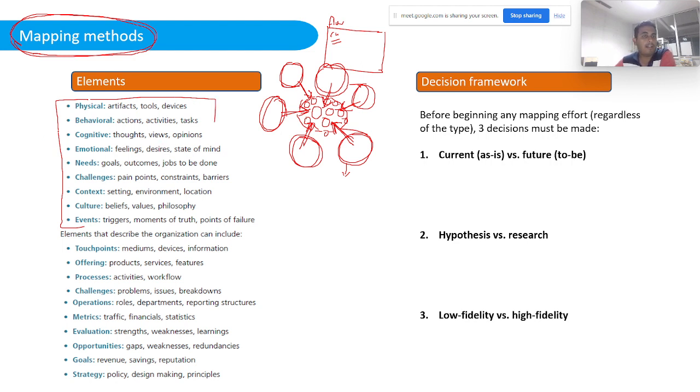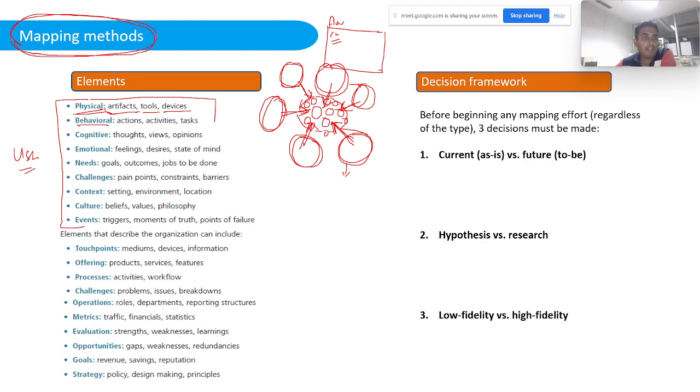So what we look for to map from the user are these. We look for physical elements like the artifacts, the tools, the devices that are used in the particular activity by the user. You can consider these elements in the artifact model in the contextual inquiry.